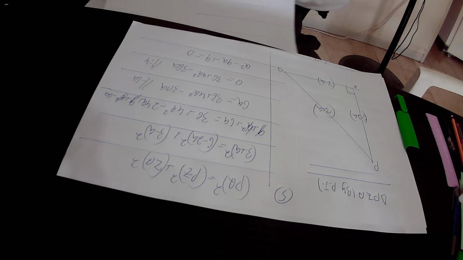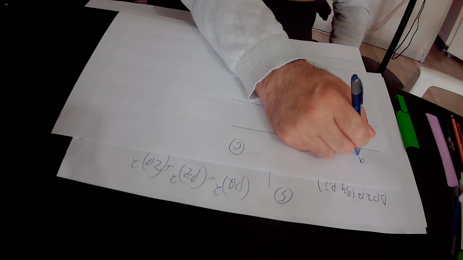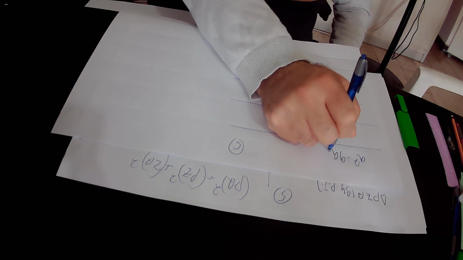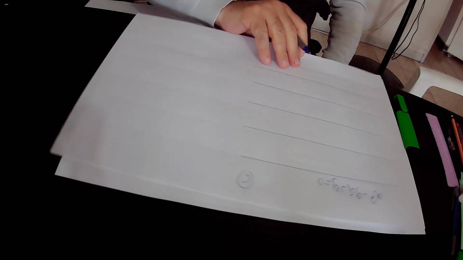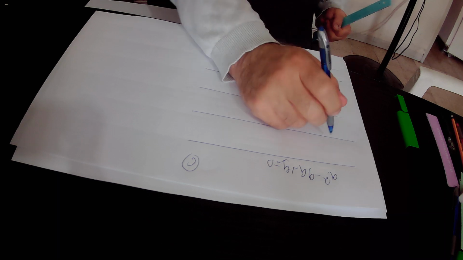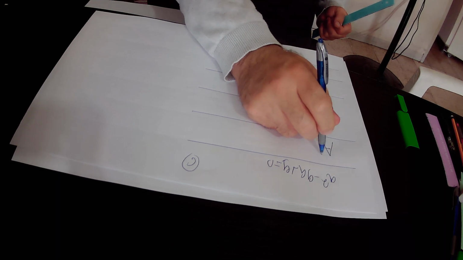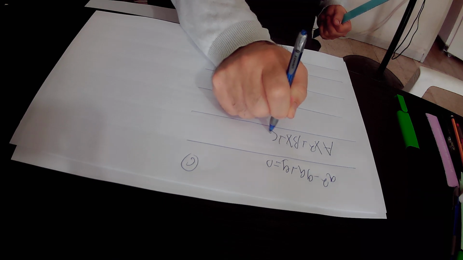We actually found out that A squared minus 9A plus 9 equals 0. So this is a quadratic equation, and the general formula for a quadratic equation is ax squared plus bx plus c equals 0.